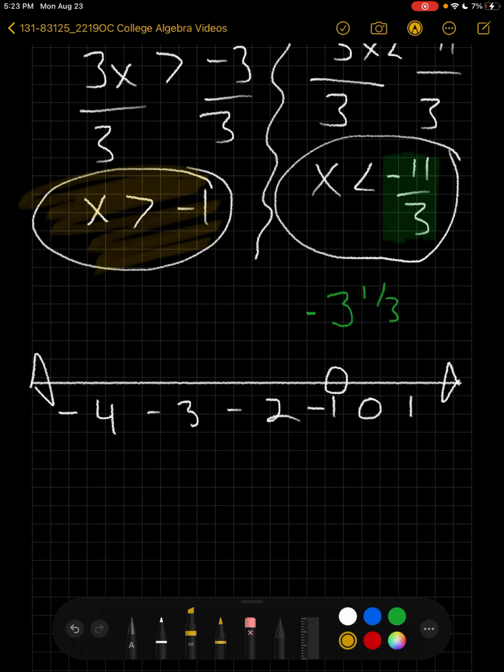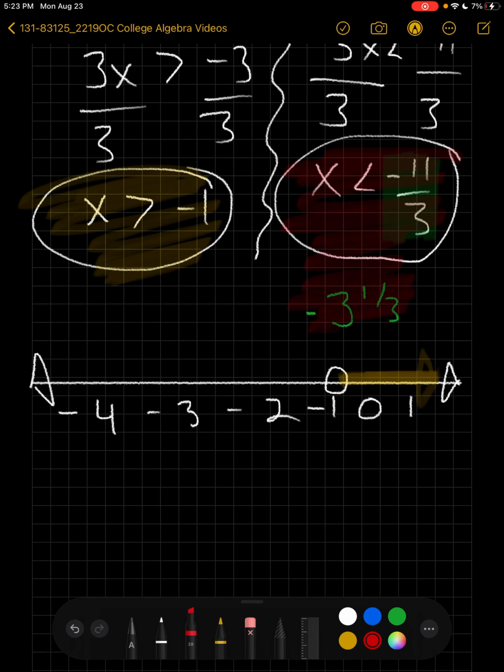Let's do it in yellow over here. Larger than negative 1. And we'll do in red over here. Smaller than negative 3 1/3. We'll say negative 3 1/3. It's right about here. And we're also looking for numbers smaller than that.